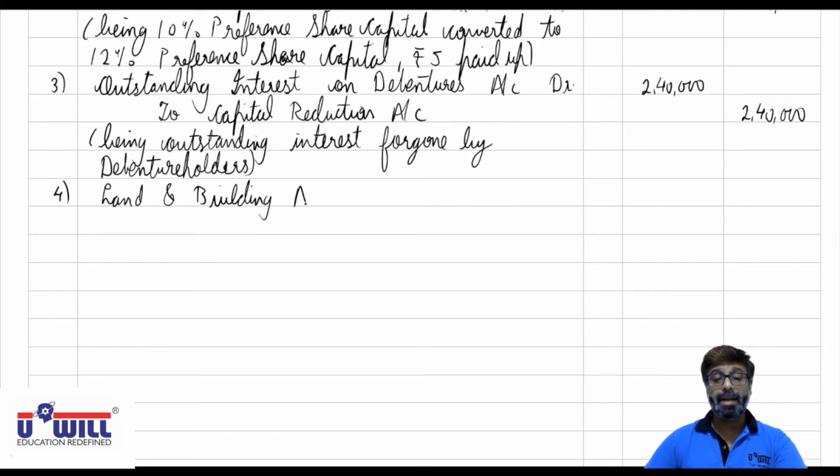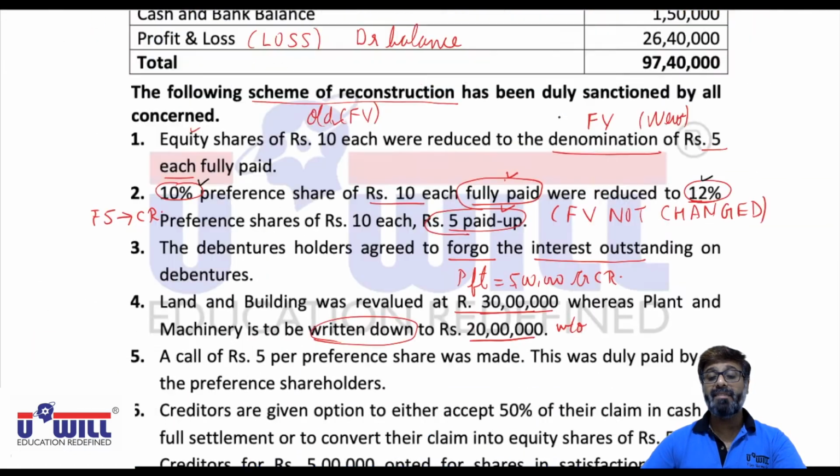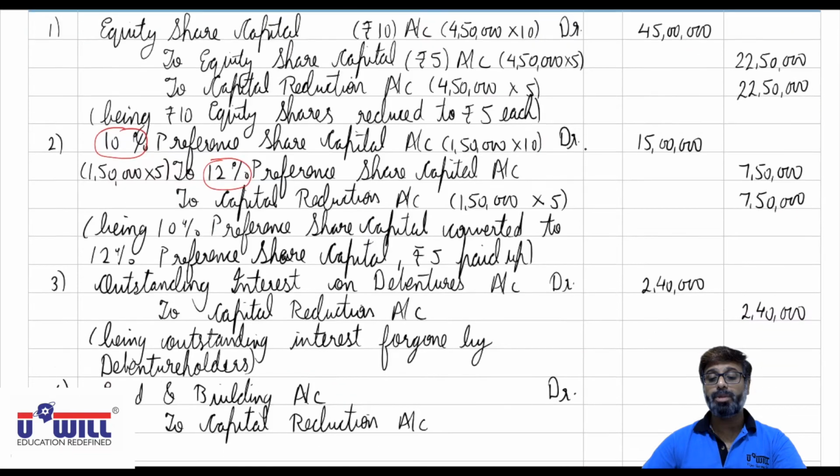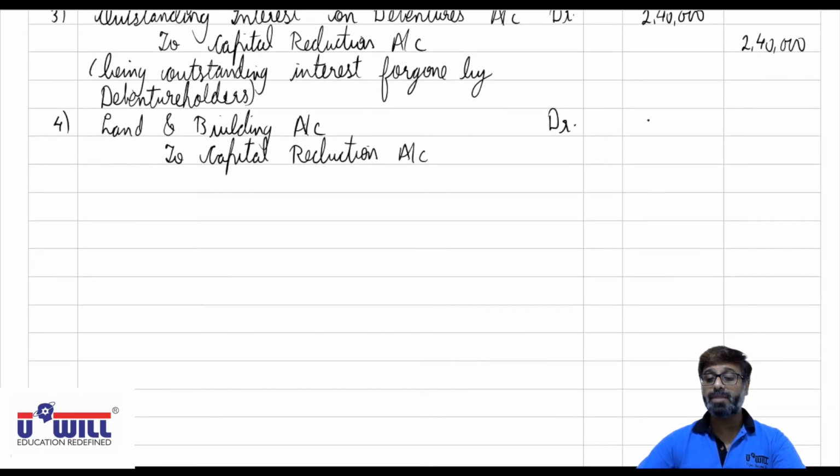In case of land and building, the value is going up. So land and building account debit to capital reduction account. Now, what is the increase in the value? 5 lakhs. From 25 lakhs, it has gone up to 30 lakhs. So 5 lakhs will be transferred to capital reduction.